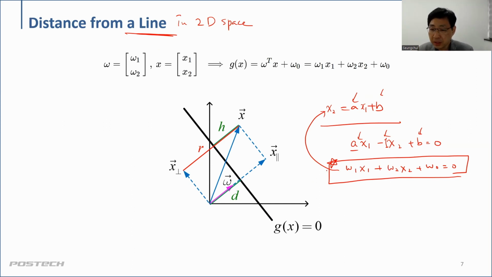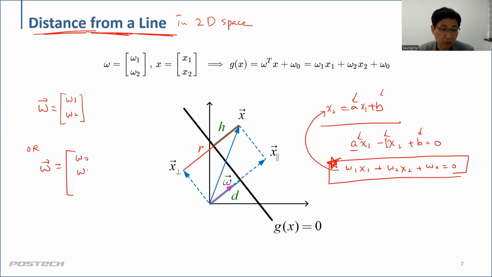Okay. Starting from this notation, I want to show how to compute the distance from that. Before that, omega is omega 1, omega 2, or you can think of it as omega naught, omega 1, omega 2. And X, in this case, is X of 1, X of 2.